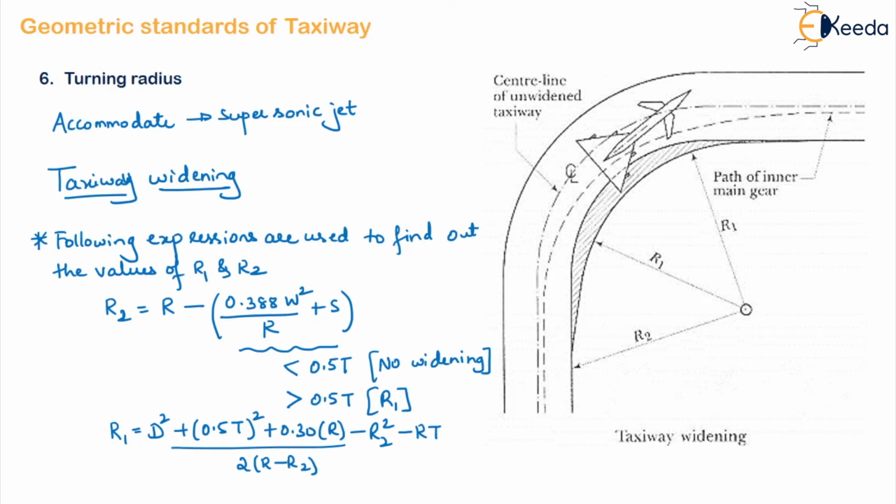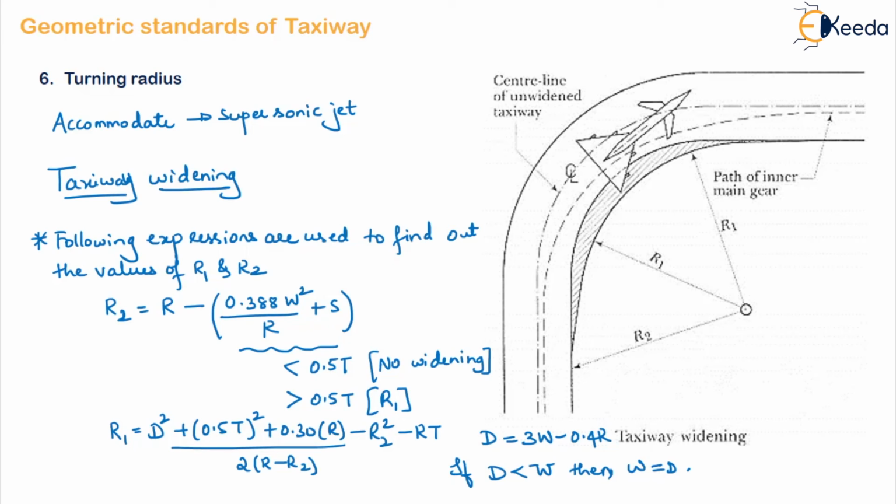Now here the value of D will be equal to 3W minus 0.4R. Again, if your value of D is less than W, then we will have to use W in place of D. So this is about your turning radius.